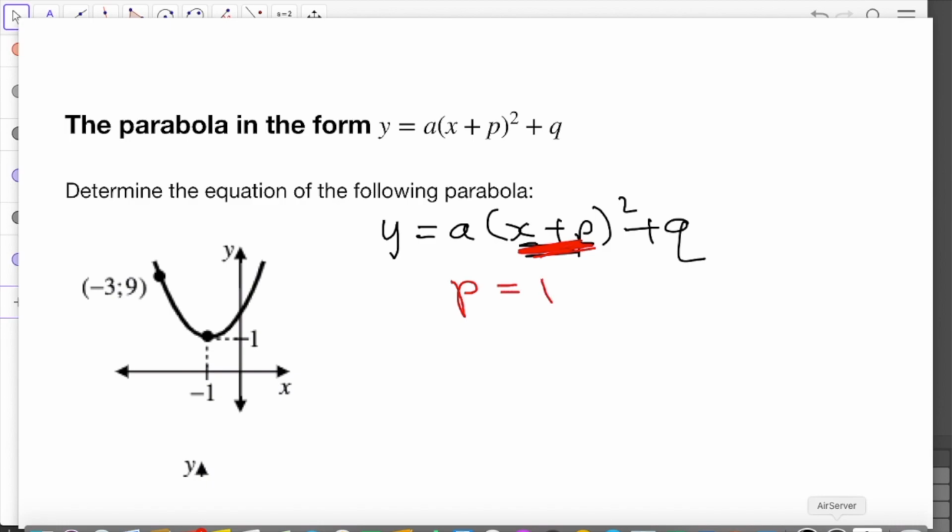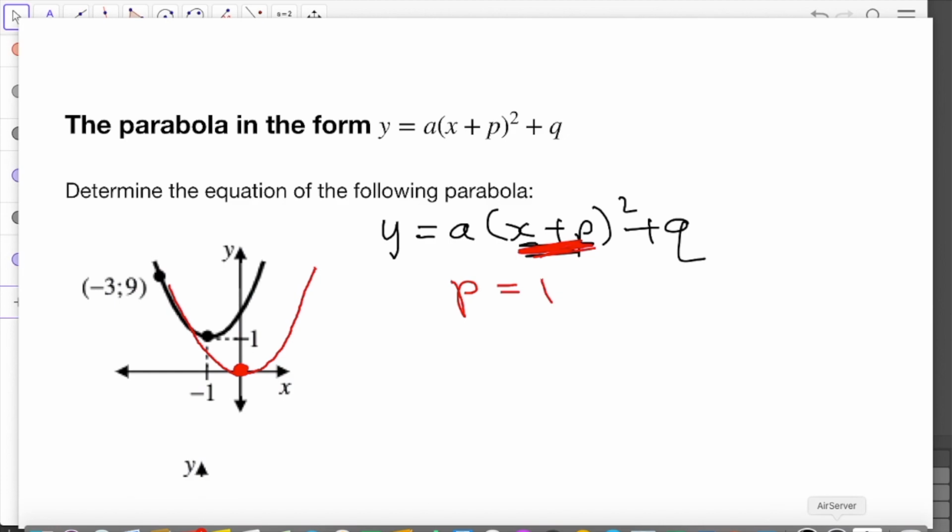And then q represents a vertical shift. Remember that the parent graph always has its turning point at (0, 0).